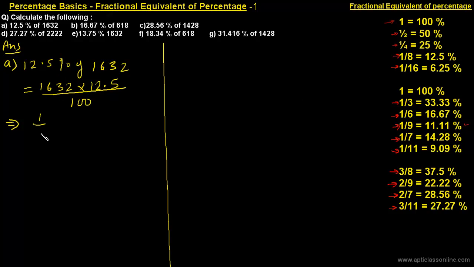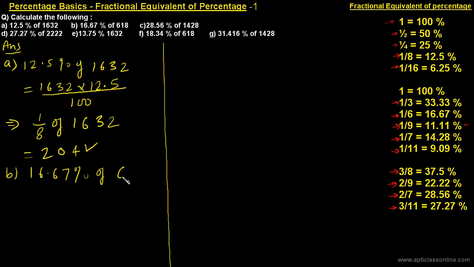So basically we have to find out 1 by 8 of 1632, that is equal to 8 2s are 16, 0, 8 4s are 32. So the value is 204. B, 16.67% of 618.